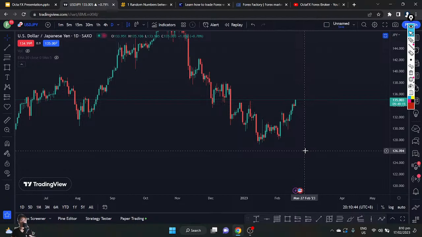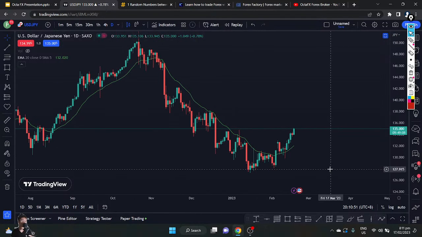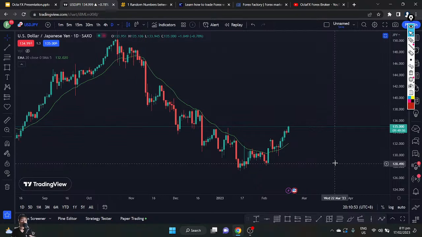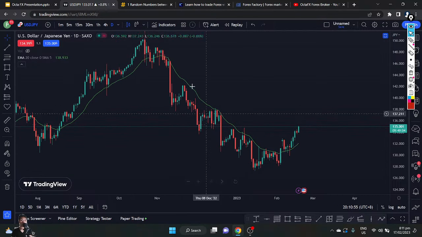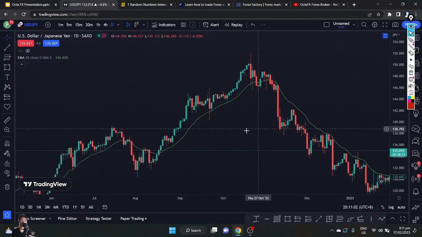Hello, Josephine Antonio. I am sometimes using the 20 EMA like this. This is a good filter for your trend following strategy. If the price is below the EMA, then that's a downtrend. But if the price is above the EMA, then that's an uptrend.